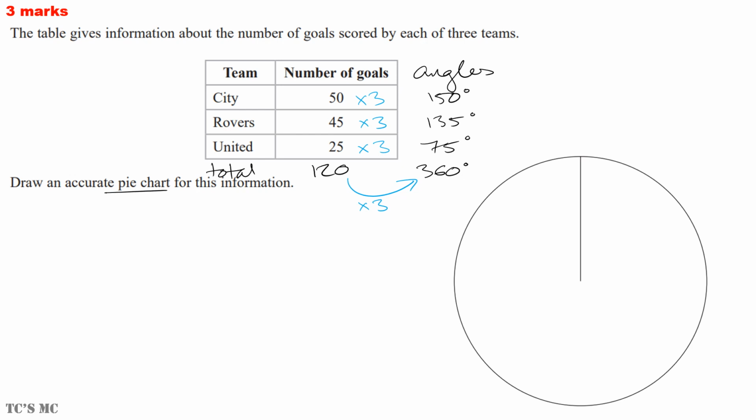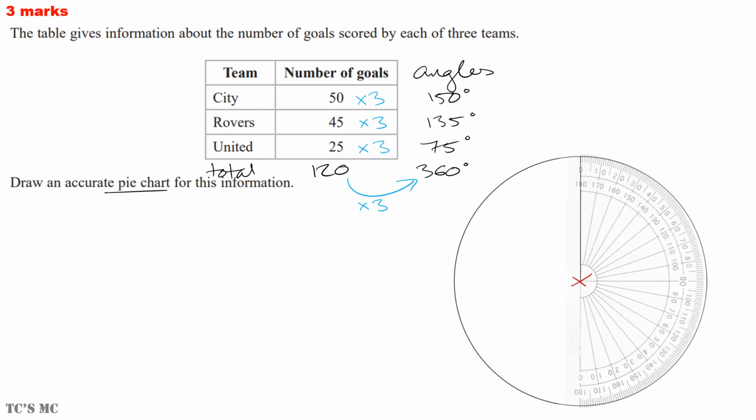When drawing the pie chart, make sure you place your protractor so that the 0 is in line with the vertical line given, and the center of the protractor is in line with the center that they have given us. Because of the way I have placed my protractor, I must use the outside numbers. Using the outside numbers, find and mark 150 degrees.